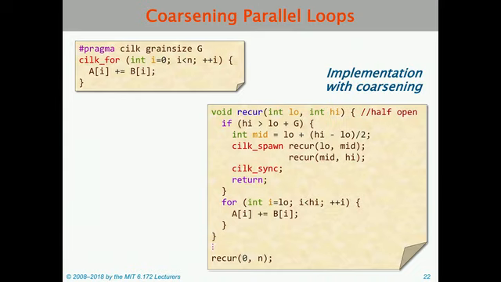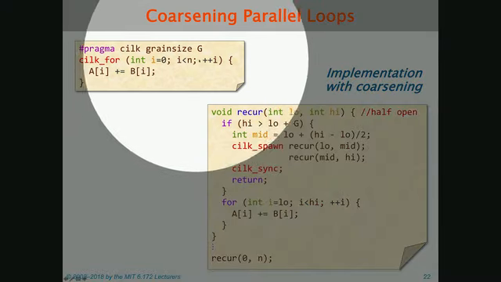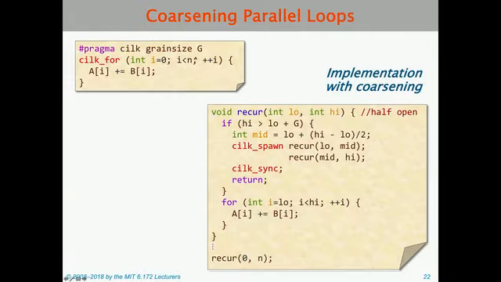So let's take a look at how we can optimize away some of this overhead. Okay? And so this gets more into the realm of engineering. So the OpenCilk system has a pragma. So pragma is a compiler directive, a suggestion to the compiler, where it can suggest, in this case, that there be a grain size up here of G for whatever you set G to.